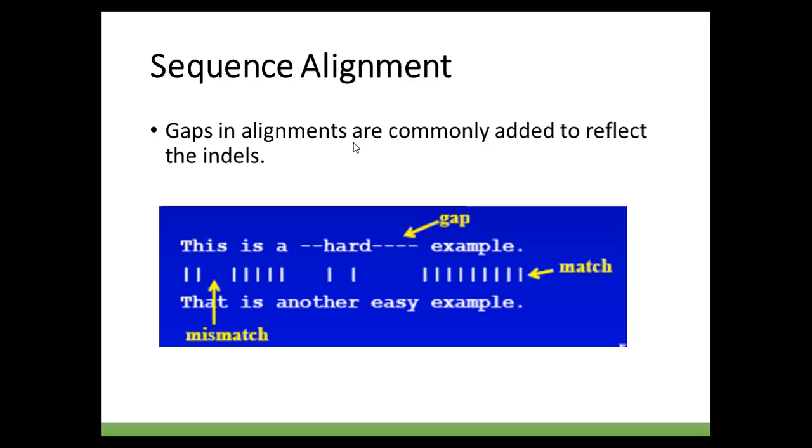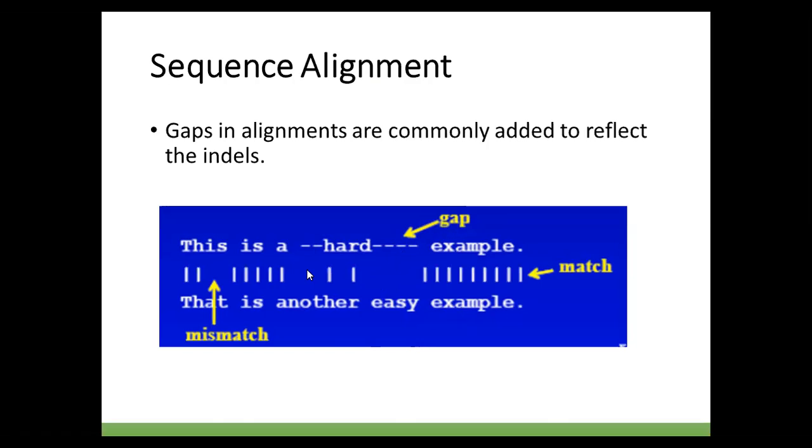Sequence alignment is something like this. There are two sentences here, and we are trying to identify the similarities. You can see there are gaps, shown by these minus marks. Why do we add gaps? To make these two sequences align.